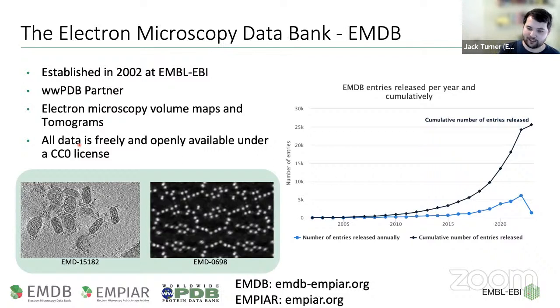In terms of citing it and things like this, traditionally you would place a picture on your slide like I've done here, and then you'd have the accession code below. If you are putting it in a document, though, you would tend to put the accession code plus the publication associated with that. The two examples I've got here are just a slice from a tomogram of some COVID virions, and then on the right-hand side, this is actually an electron crystallography entry at 0.9 angstrom resolution, so you can actually see the individual atoms here.